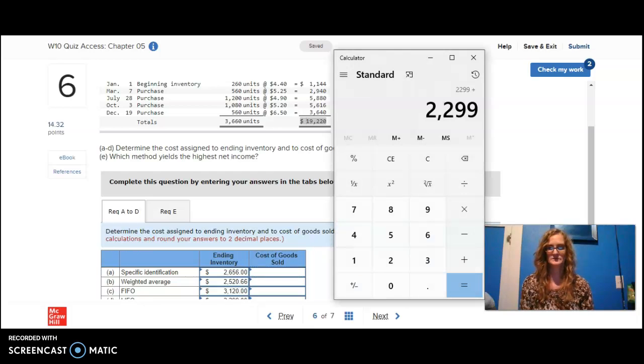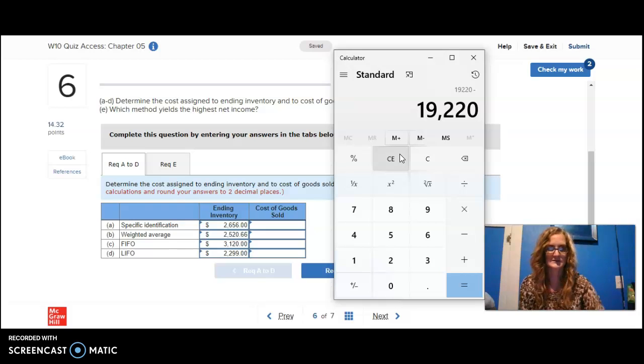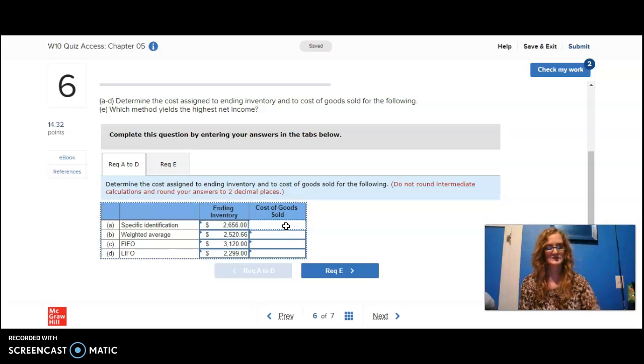So the first one, 19,220 minus whatever amount you got in your ending inventory. For me, that is 2,656, which gives me a cost of goods sold of 16,564.